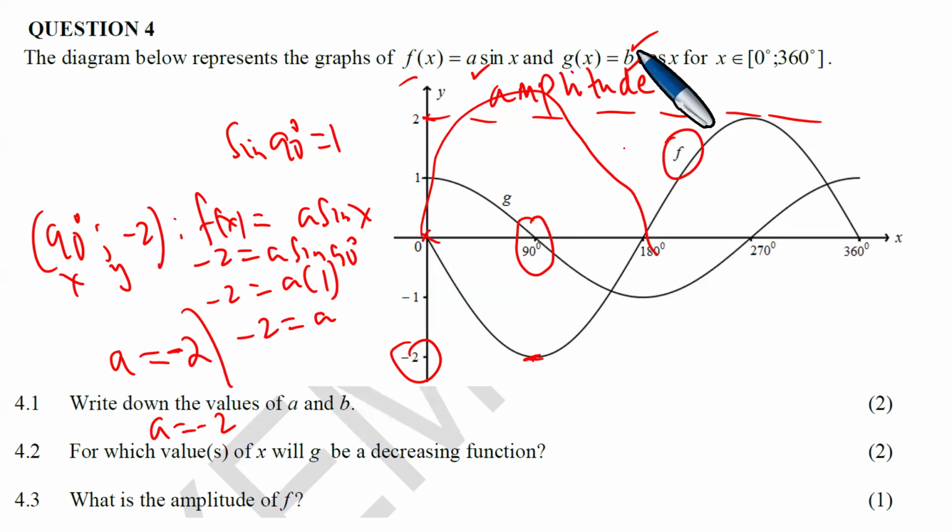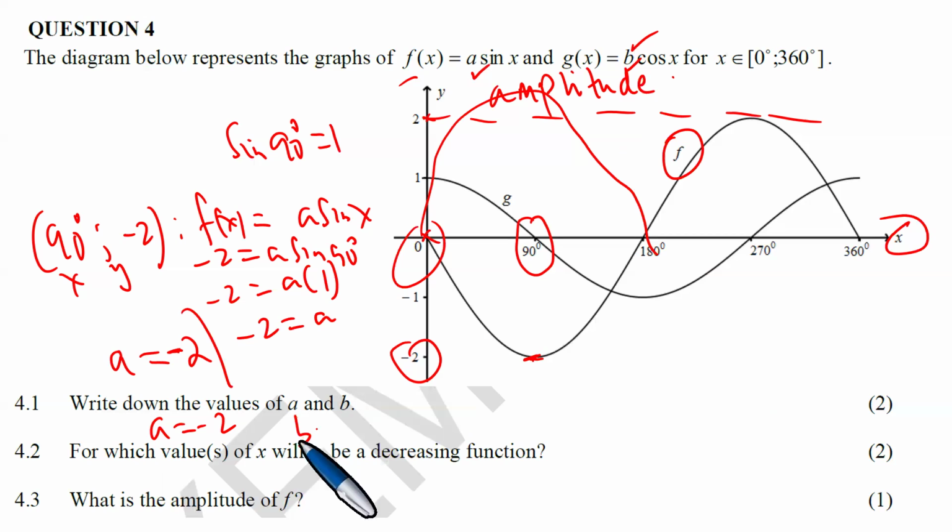What is b? So now we're dealing with the graph G. Like here at 0, this function is 1. At x equals 0, the function is 1. So what is b?